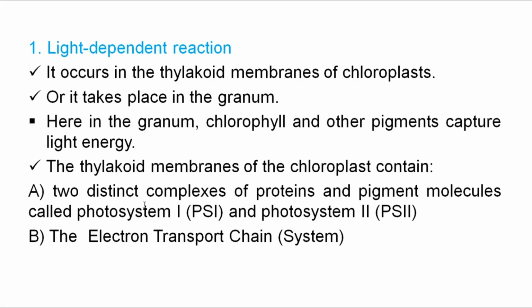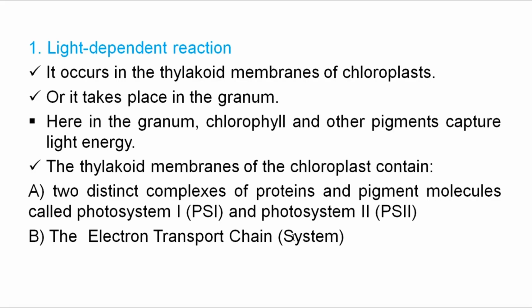Another is known as the electron transport chain, or the electron transport system. So the electron transport system, photosystem 1, and photosystem 2 are found within the thylakoid membrane of the chloroplast.